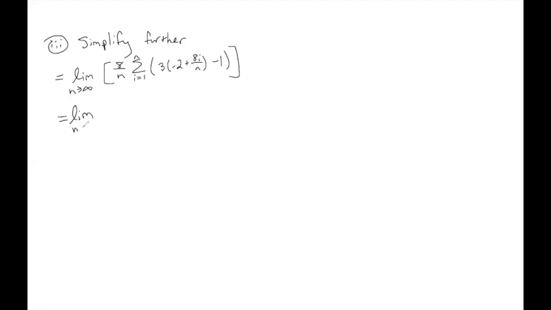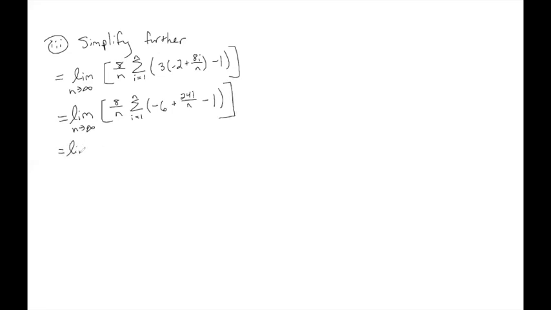Okay. Do a bit of algebra on this. Get 8 over n, and I get -6 plus 24I over n, minus 1. Okay.